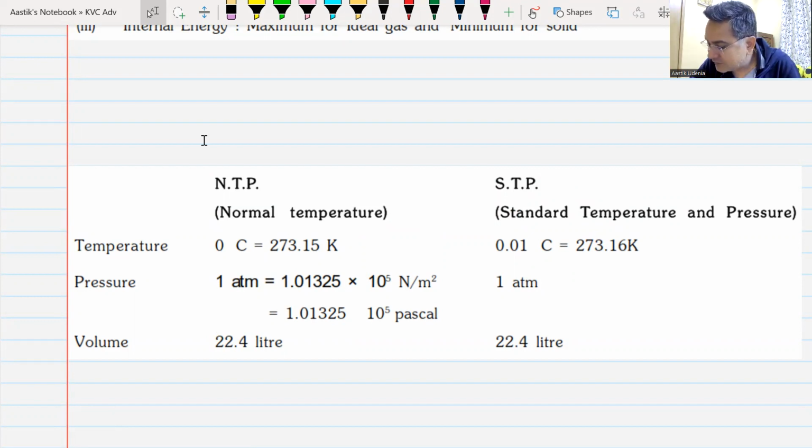I'm trying to cover everything that can come. Noted it down. Yes.